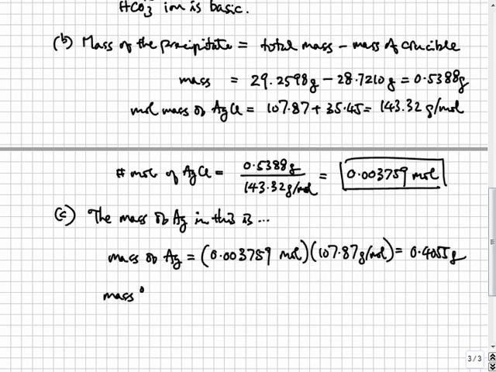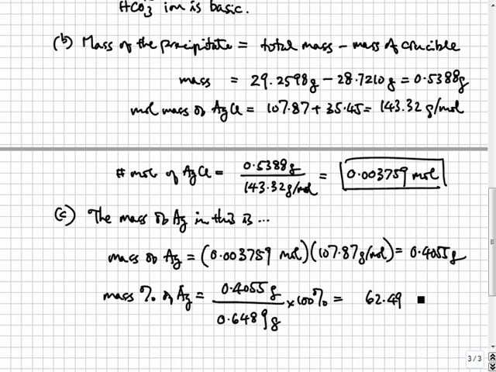And now the mass percentage of the silver is equal to this mass divided by the total mass of the alloy, which the problem indicates is 0.6489 gram, and we'll multiply that by 100%. And that comes out to be 62.49%.